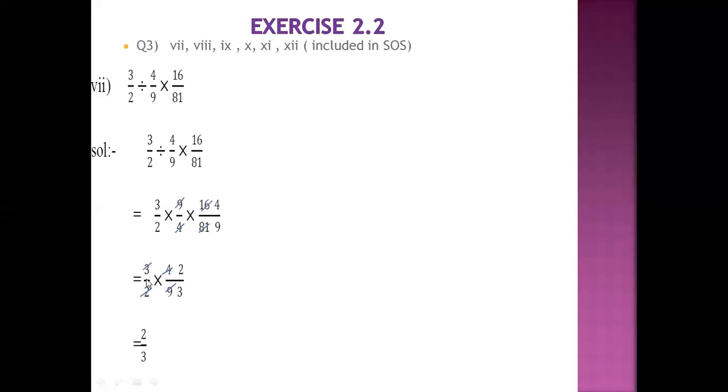Now again cancel with the same table, table 3. 3 and 9 are both divisible by table 3: 3 divided by 3 we get 1, and 9 divided by 3 we get 3, since 3 threes are 9. Now 2 ones are 2 and 2 twos are 4. With table 2, we divide 2 and get 1, and we divide 4 and get 2. So what is left? 2 over 3. This is the simplified form.